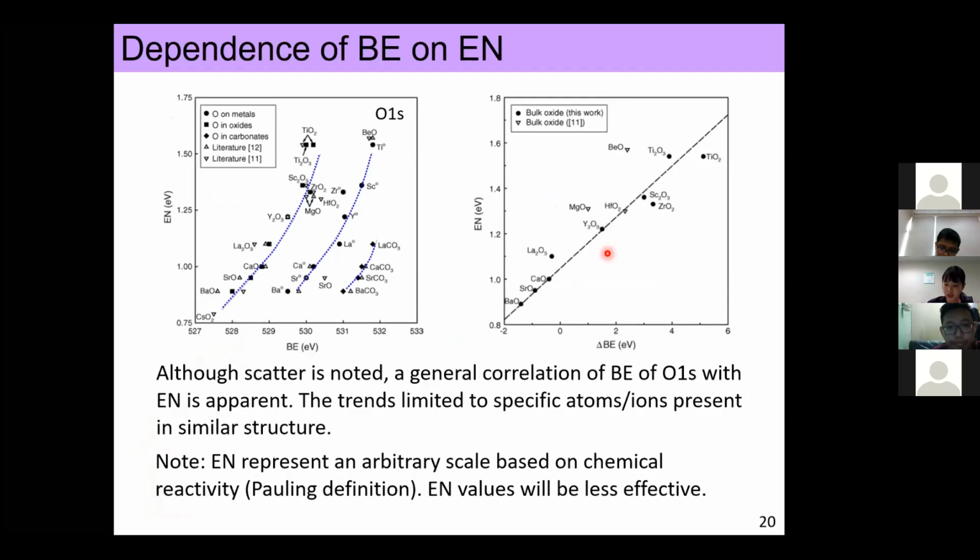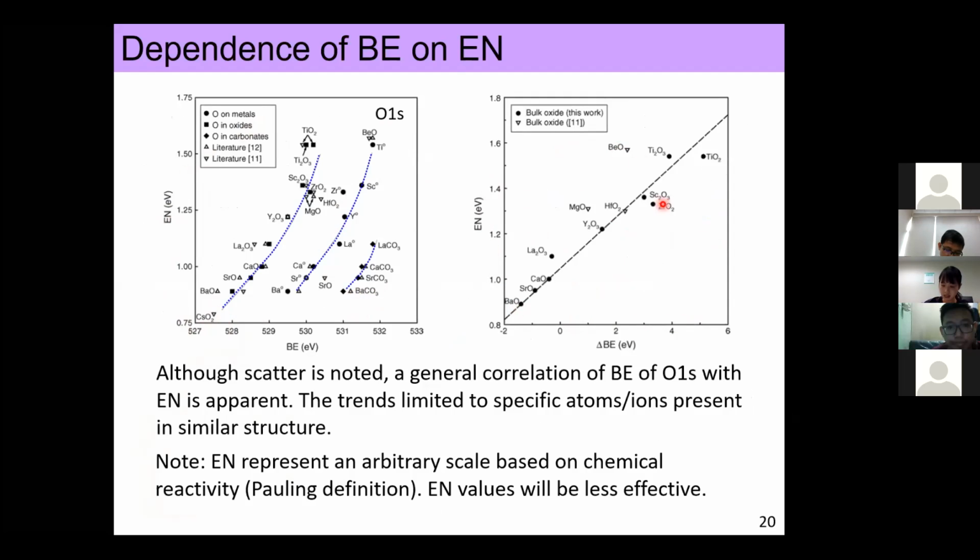When you look at the dependence of BE on electronegativity for other oxide materials, although scatter is noted, a general correlation of BE with En is apparent. The trends are limited to specific atoms or ions present in similar structure.